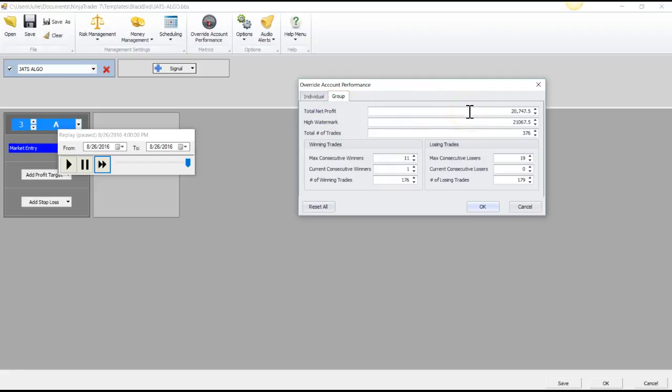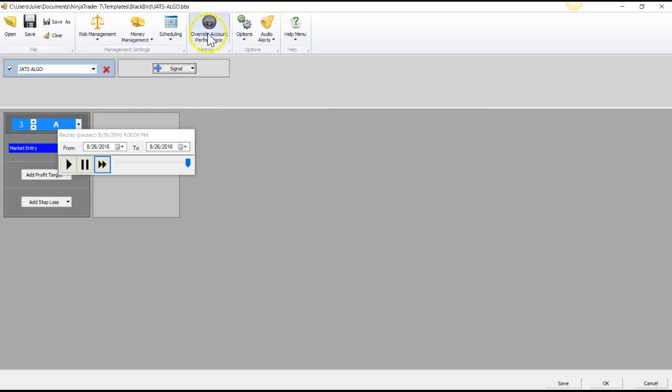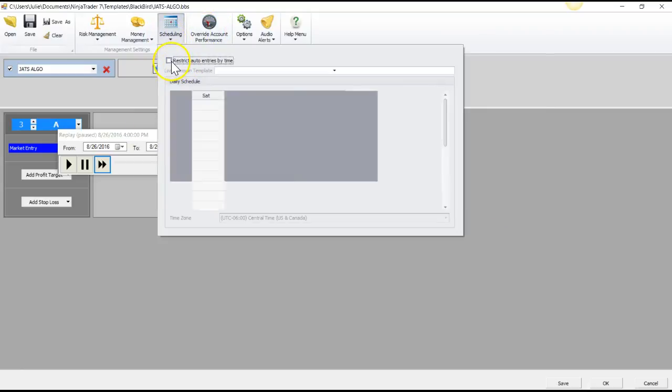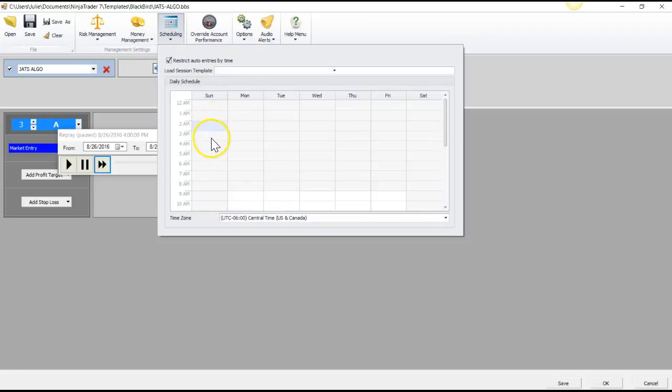You can set how much losses or profits that you want on a global basis. You can schedule the time that you want to trade. If you want to trade between 7 in the morning and 10 in the morning, Chicago time or New York time, whatever you want, and then come back maybe for the close, you can set it up to just trade those hours.